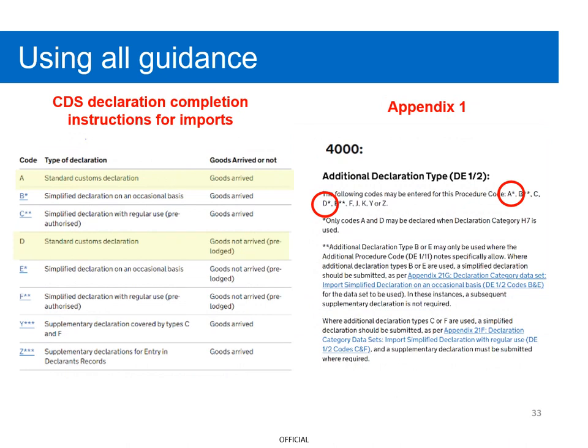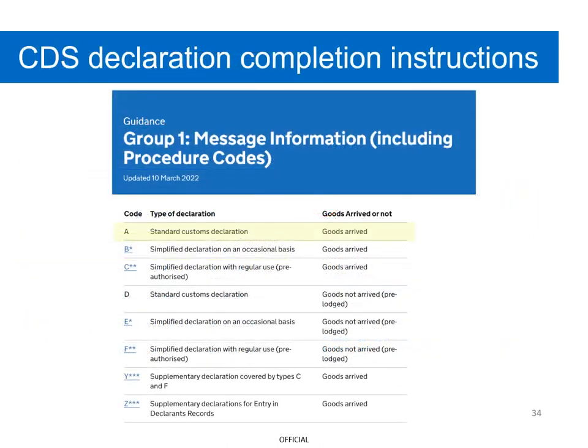As Hallie is using declaration category H1 with a procedure code of 4000 and making a standard customs declaration, the only options for her are A and D. As Hallie's goods have arrived, the appropriate code is A.